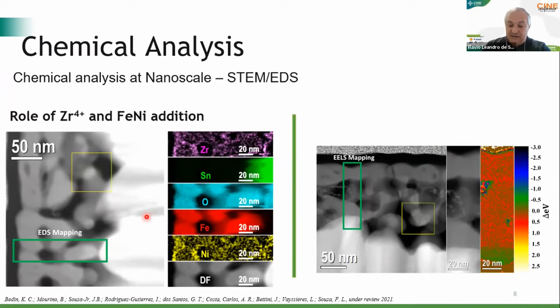Then you see here the tin remains in the FTO without diffusion, as usually claimed in the literature. The zirconium is interesting. It's segregating between the hematite grains, and of course the iron is spread out in the entire sample, apart from the FTO, of course.